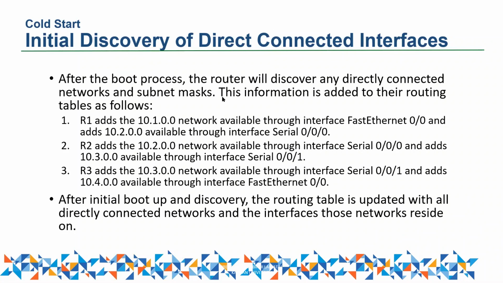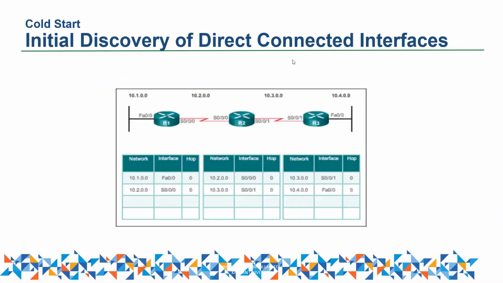So let's see what happened after this process. Dear students, after this process, the router builds the MAC table and the IP routing table. Inside that IP table, the routers store the IP addresses of their directly connected interfaces.